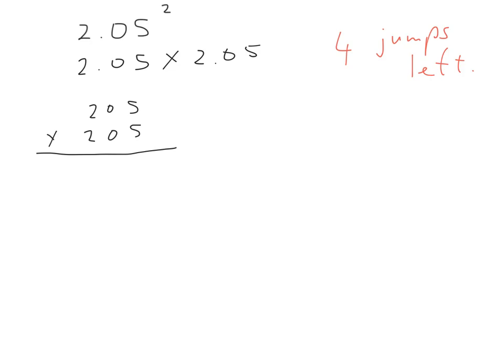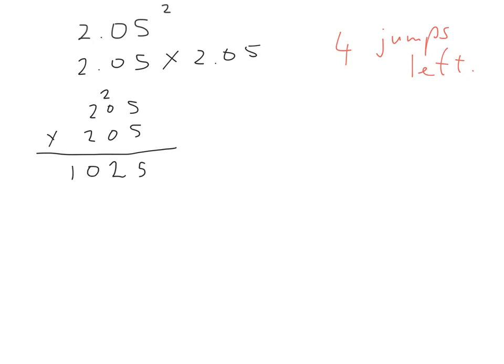So let's go ahead and multiply 5 by 5, which is 25. Okay, 5 multiplied by 0 is 0, plus 2 is 2. 5 multiplied by 2 is 10.